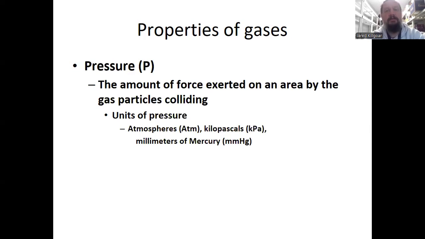Pressure. Now, this is one that you may have heard of before, especially if you watch the weather. If you find a unit you have no idea what it is, it's probably a unit of pressure here. So the pressure is the force caused by the particles colliding. So the physics definition is pressure is force over area.